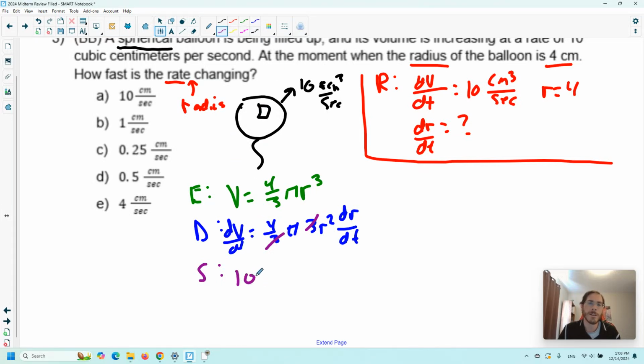So we know we got 10 is equal to 4 pi. The radius was 4, so 4 squared dr/dt. Again, we're trying to figure out dr/dt, which means we got to move all of this stuff to the other side. So divide both sides by 4 pi 4 squared.